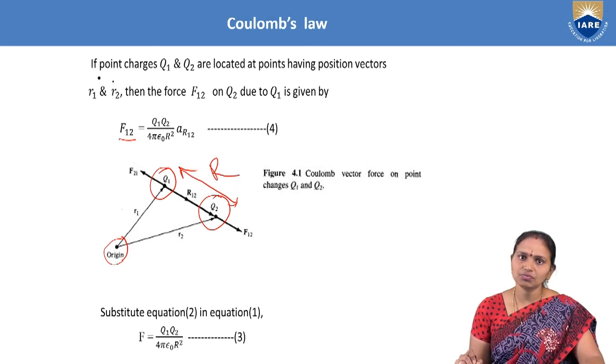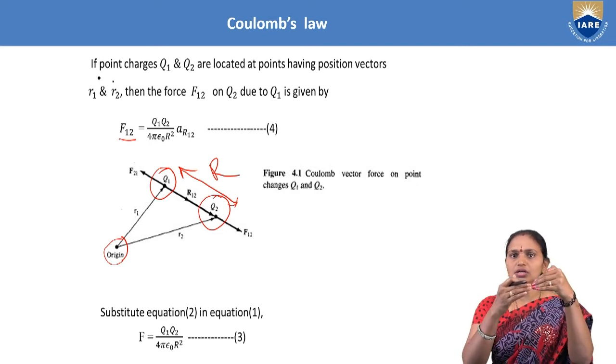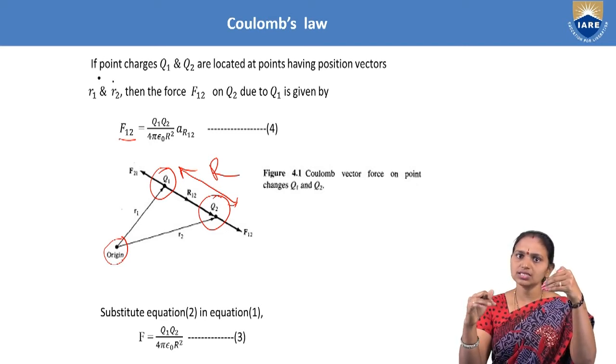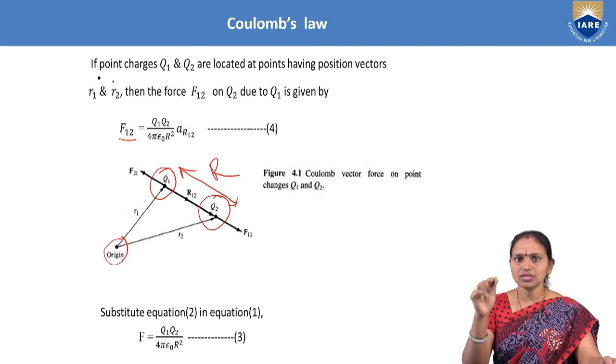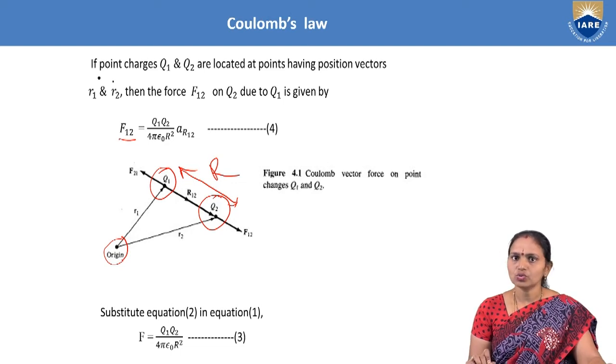Here F12 represents, now we have two charges Q1 and Q2. Q1 is exerting some force on Q2, that means we are moving from Q1 to Q2. Now Q1 is the source and Q2 is the destination. We are trying to calculate the force on the destination point due to a point charge Q1, which we consider as the source.